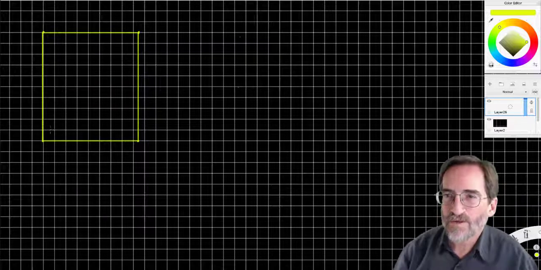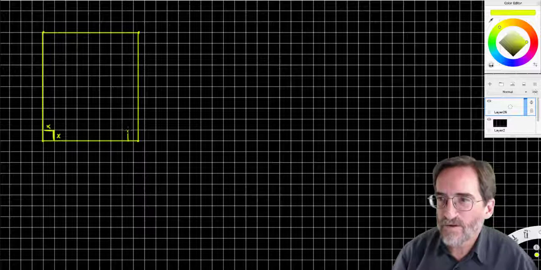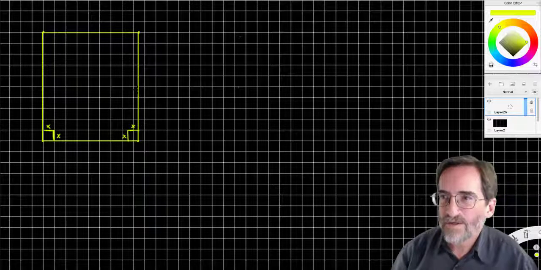I'm going to take a corner off. That's x by x. And take a corner off. That's x by x. Okay, and I'm going to take this corner off. That is just the right dimension. It's x this way.